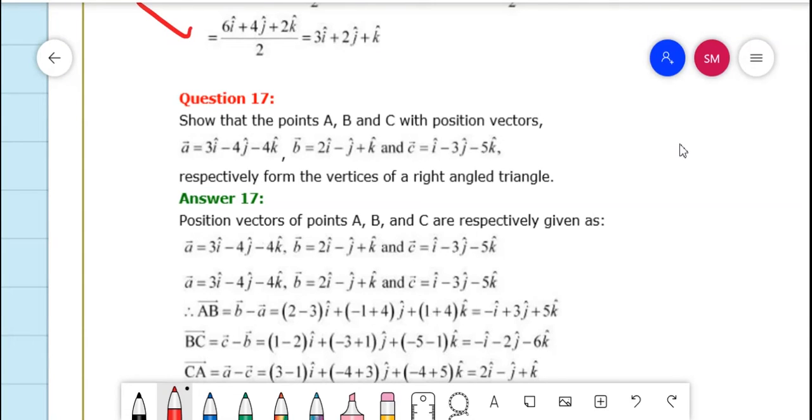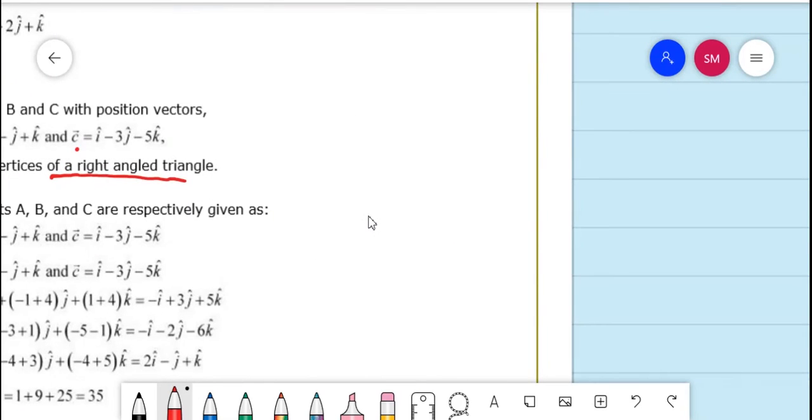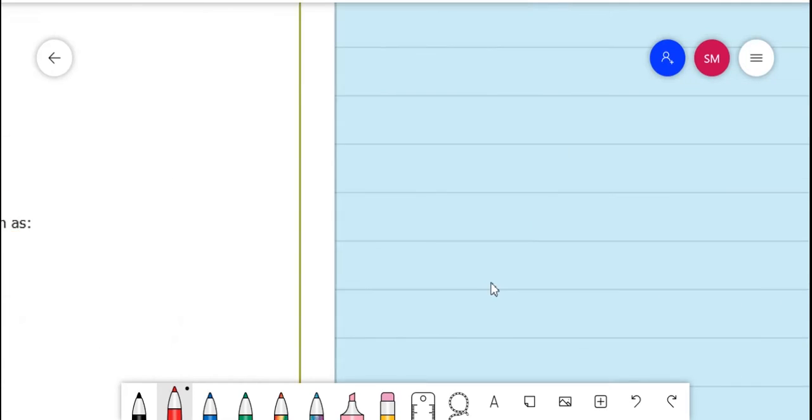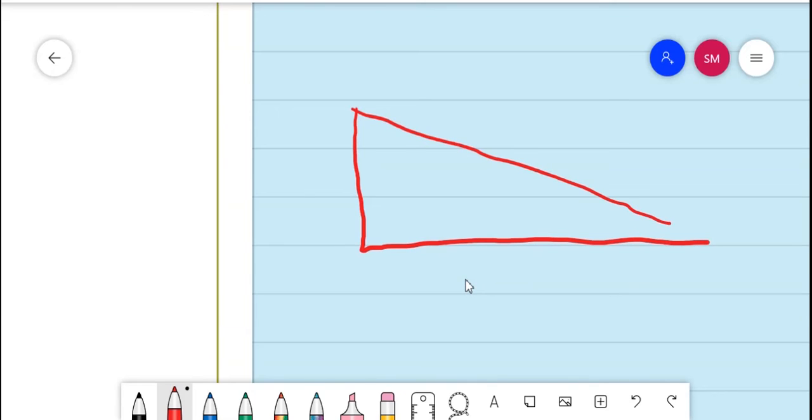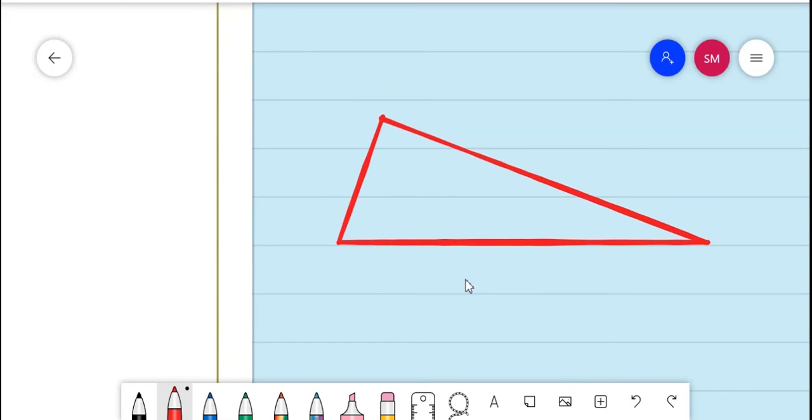Okay, now the vectors A, B and C with these position vectors form the vertices of a right angle triangle. So here we will use the distance formula. I don't know which angle is the right angle. Suppose my right angle triangle is in this form, I don't know which one is correct.